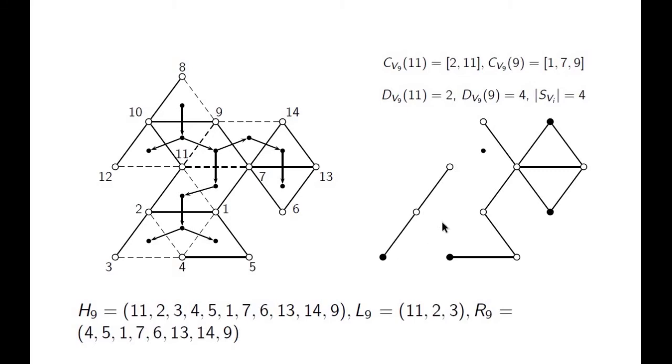Observe now that here we have some cycle without this edge. So we have the cycle 11, 2, 1, 7 and 9. So here is the edge between vertices from this list and this list.